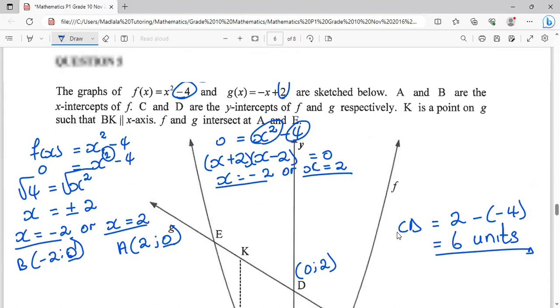So because it's where the two functions are equal, you need to equate your two functions in order to find those points of intersection. So at A and E, this is where f of x is equal to g of x. Then you say, what is g of x?